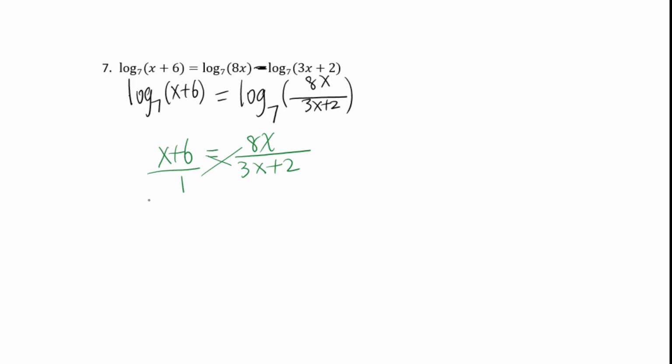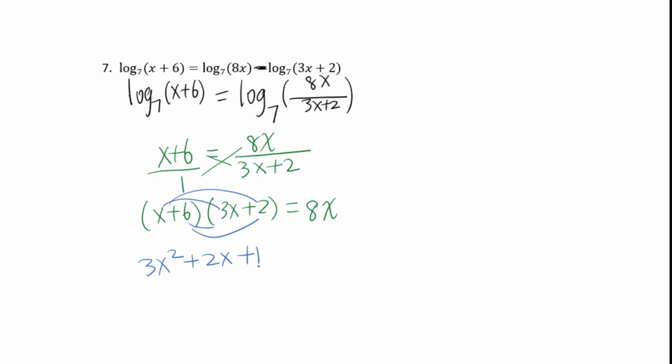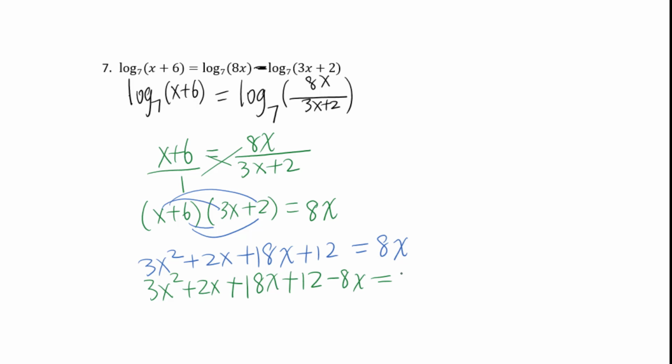Cross multiply. x plus 6 times 3x plus 2 equals 8x. Then FOIL: 3x squared plus 2x plus 18x plus 12 equals 8x. Since this is a quadratic equation, we need to make the equation equal to 0. 3x squared plus 2x plus 18x plus 12 minus 8x equals 0.